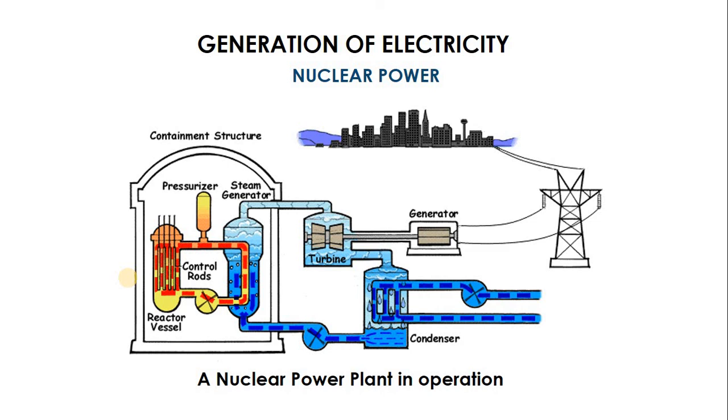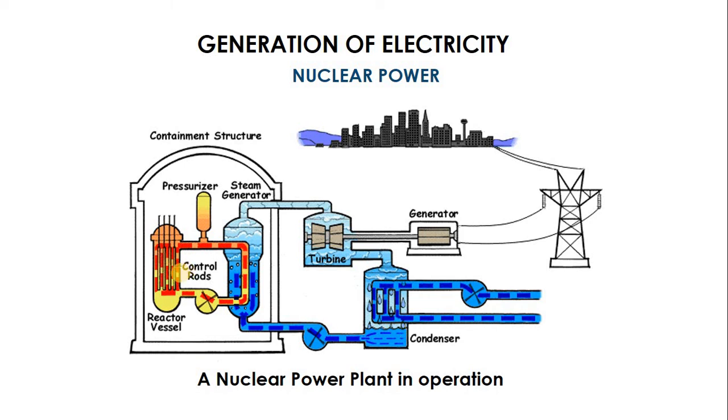All these processes produce heat, and these reactions take place in the reactor vessel to produce the heat, and the heat is channeled into the steam generator, boils water, produces steam, drives a steam turbine coupled to a generator to produce electricity. The steam is condensed again, just like in most of the power plants that we have looked at.